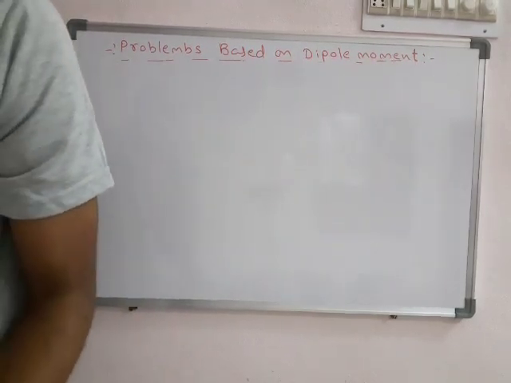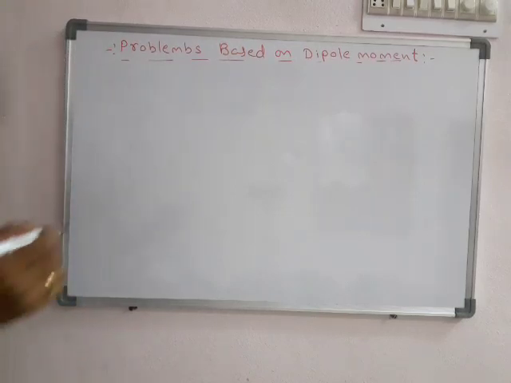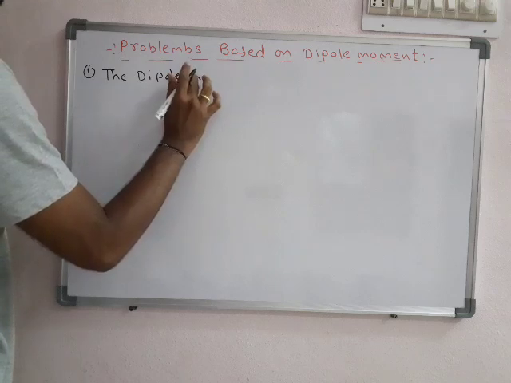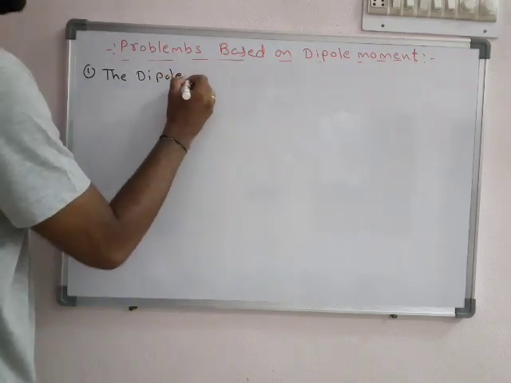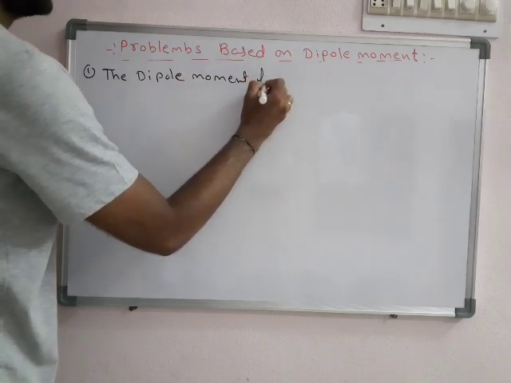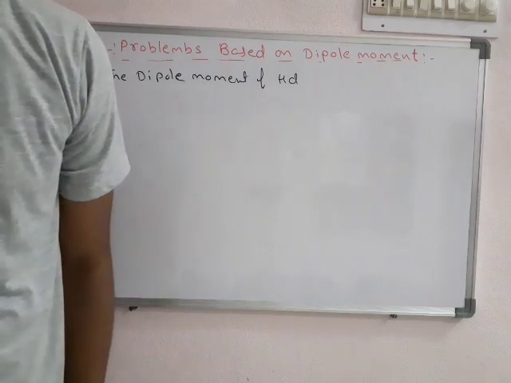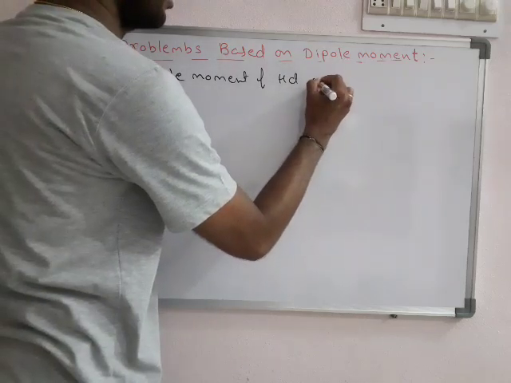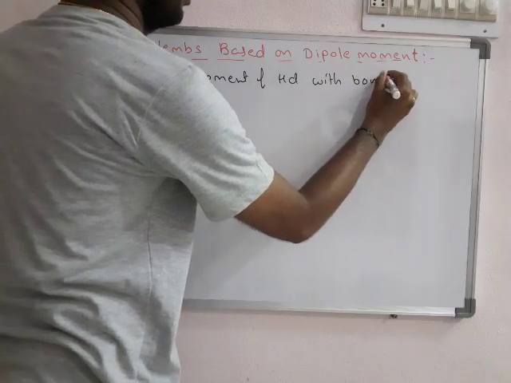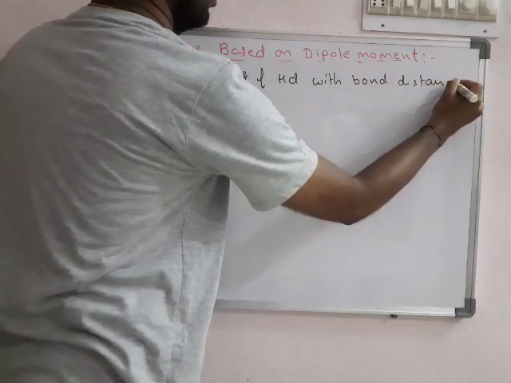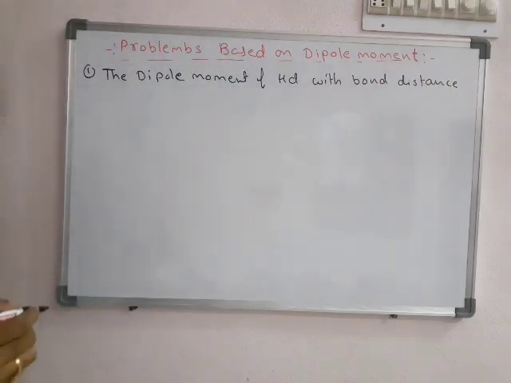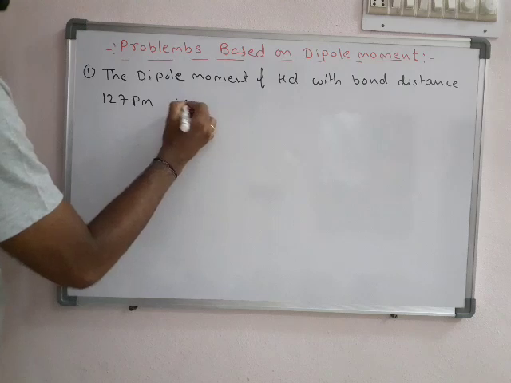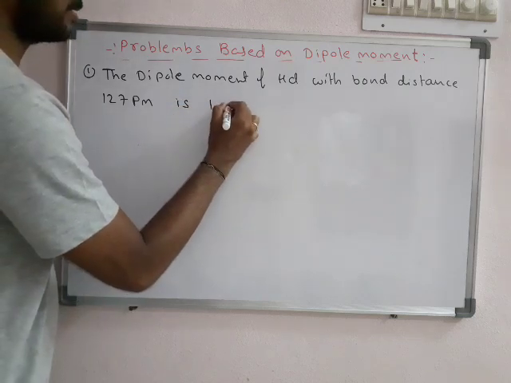The dipole moment of hydrogen chloride with bond distance 127 picometers is 1.03 Debye.